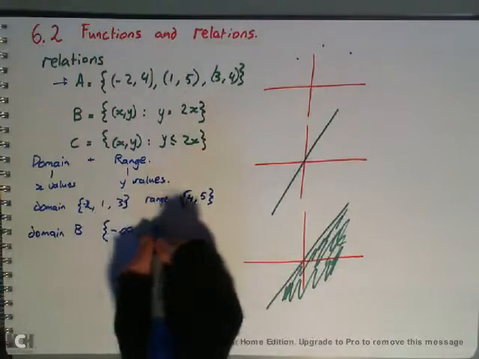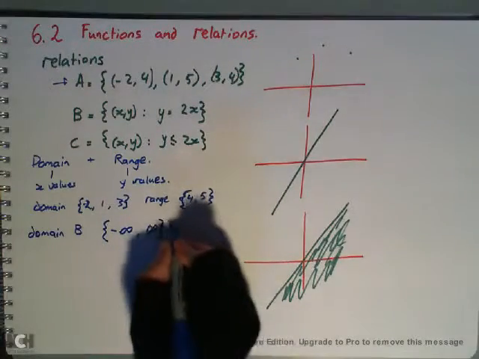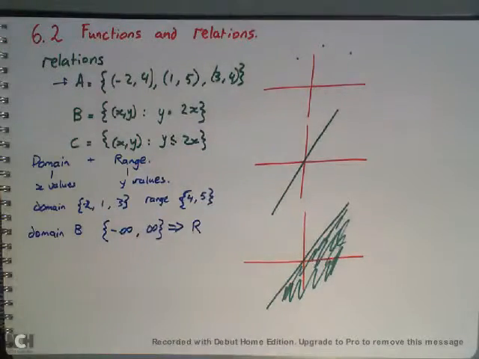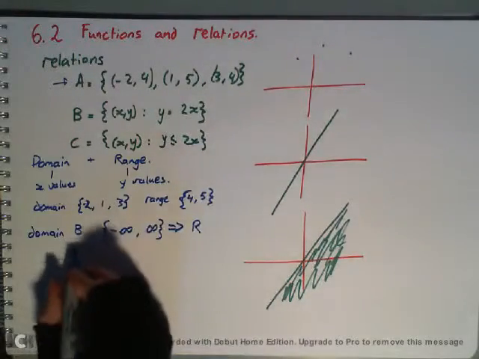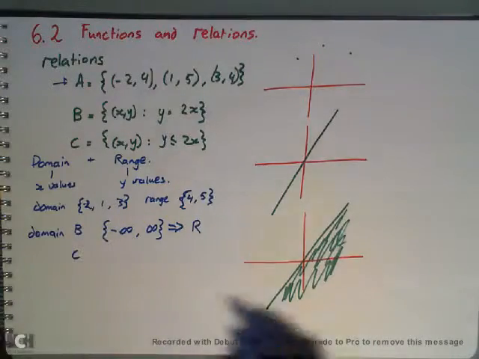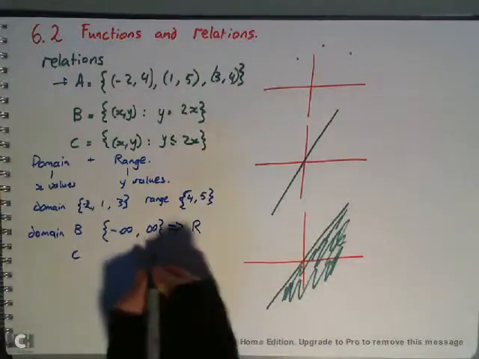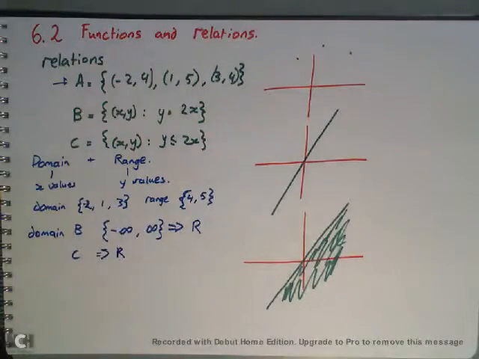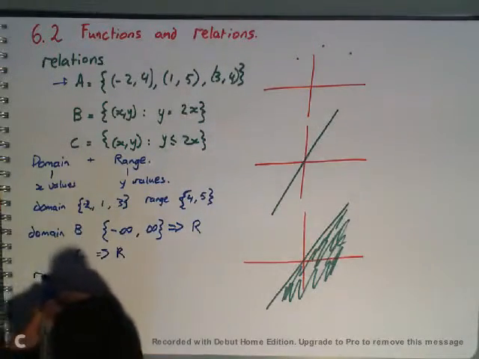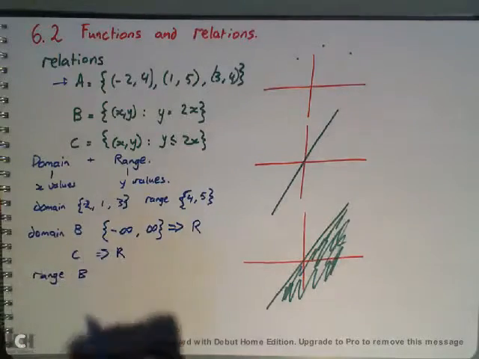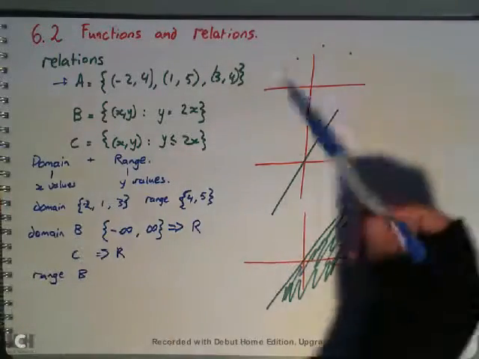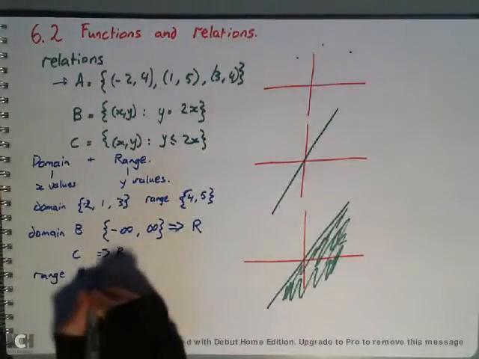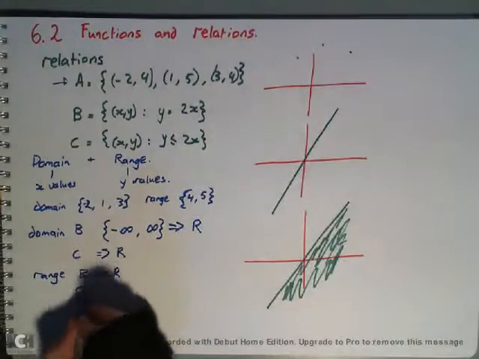Instead of writing that each time, we can just say R, all real numbers. Same thing for C. And the range for B is going to be the same thing, because we go from negative infinity to positive infinity. And same thing for C.